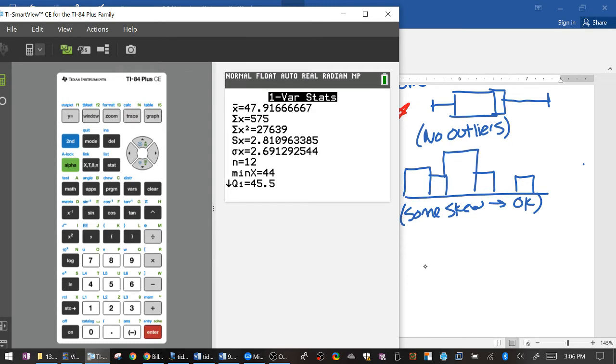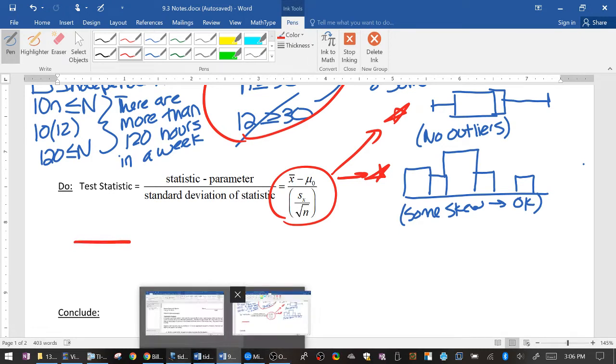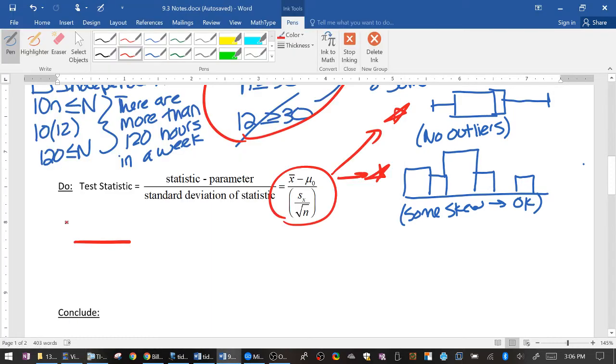Okay, so as I look through here, the first thing I need is X bar. So I go to my calculator. X bar is up here. It's 47.92. So 47.92 minus mu sub 0. That's the claim. The radio station claimed to play 50 minutes of music.